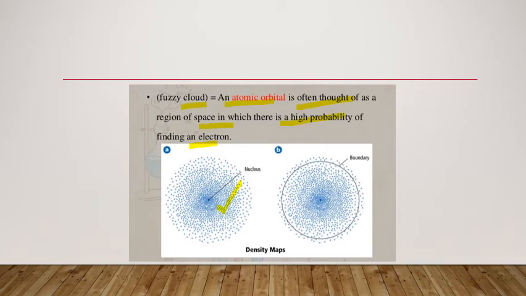That is represented by the fuzzy cloud. The fuzzy cloud represents the atomic orbital region. So that is the quantum mechanical model of the atom.